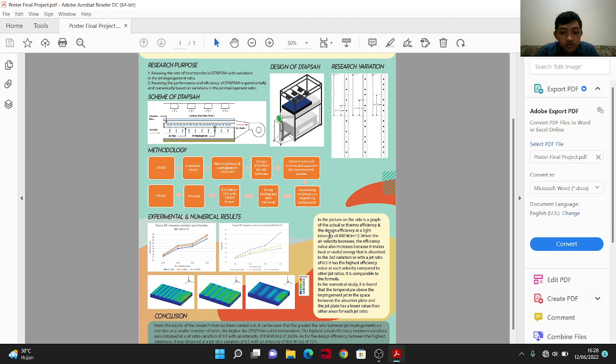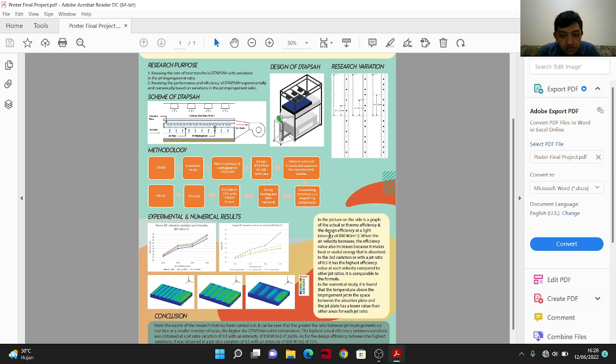It is comparable to the formula: efficiency is equal to Q useful divided by absorber plate area times intensity.